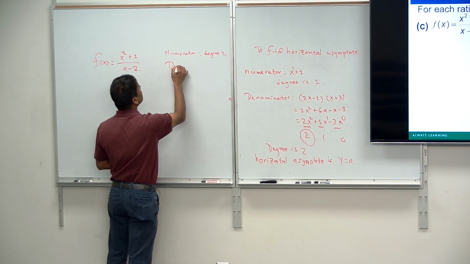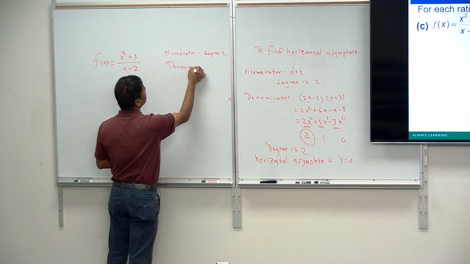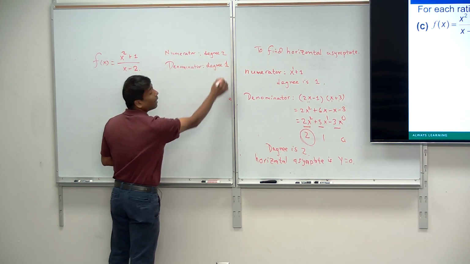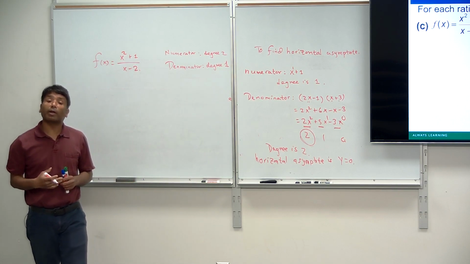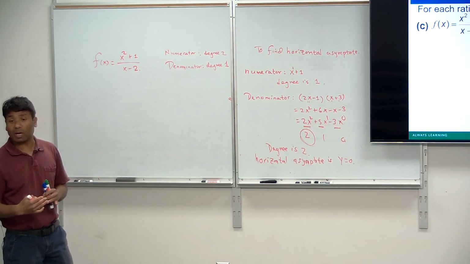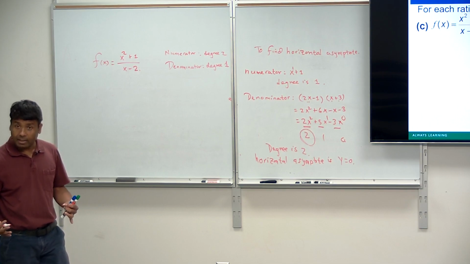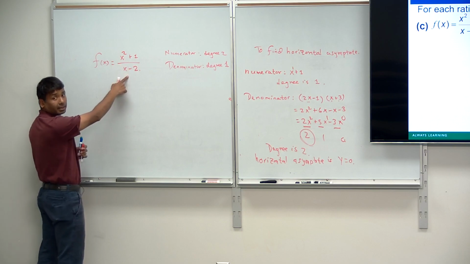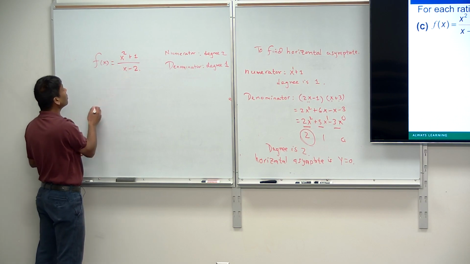And the denominator has degree 1. So the degree of the numerator is exactly 1 more than the degree of the denominator, right? So in that case, we have an oblique asymptote. So now we have to divide this by this. Okay? So now use synthetic division.